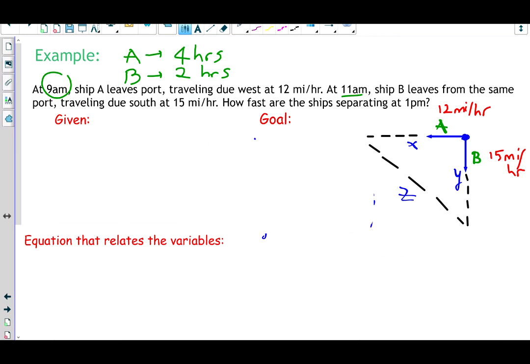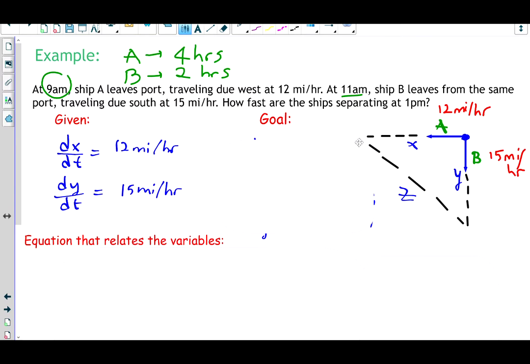So what's given, what's the goal, and what's the equation that relates the variables? Typical things that we do when we set up our related rates examples. So the given is the rate of change of x and y, right? So dx/dt is given, and it's positive because this distance keeps getting larger and larger as A moves away from the port. So dx/dt is 12 and dy/dt is 15.